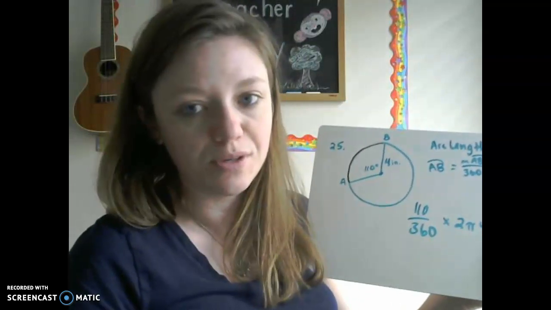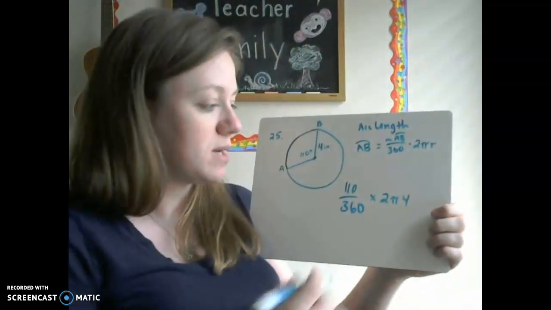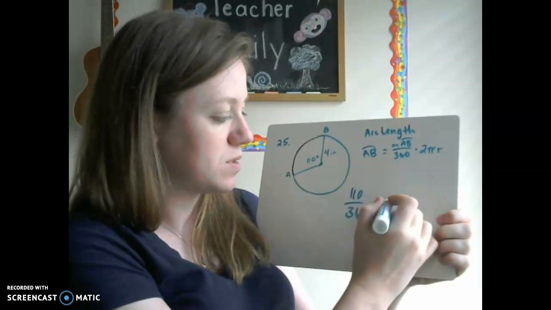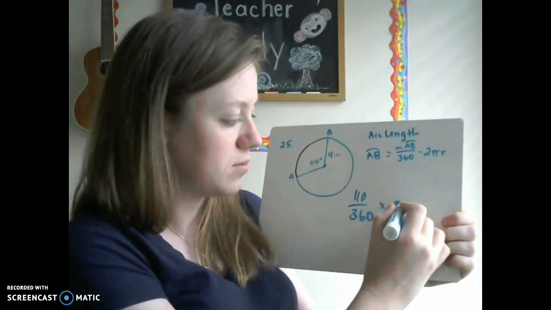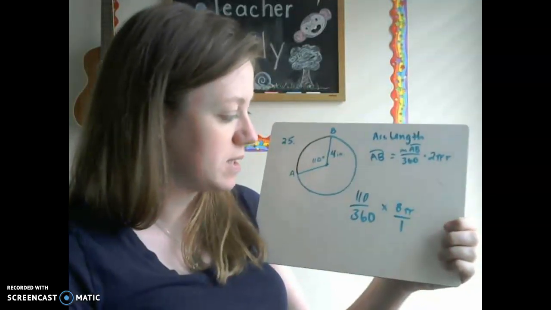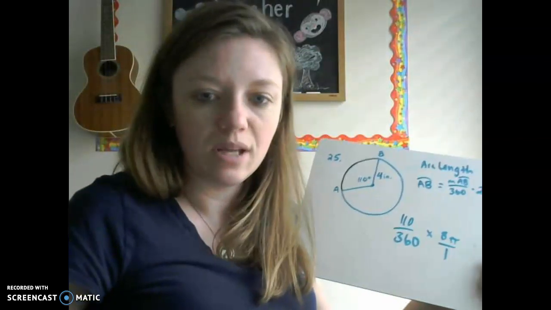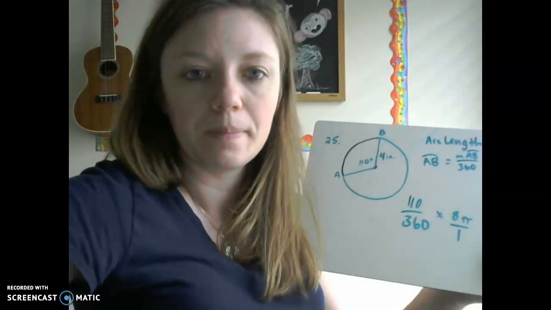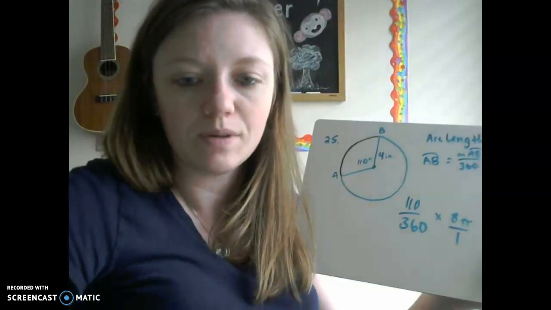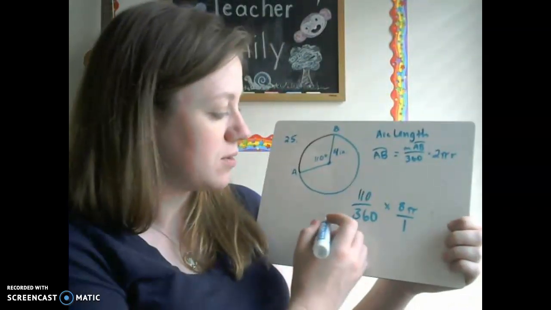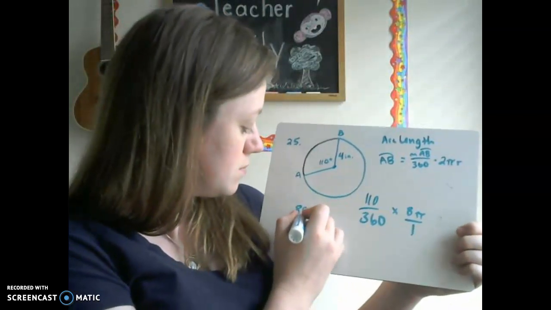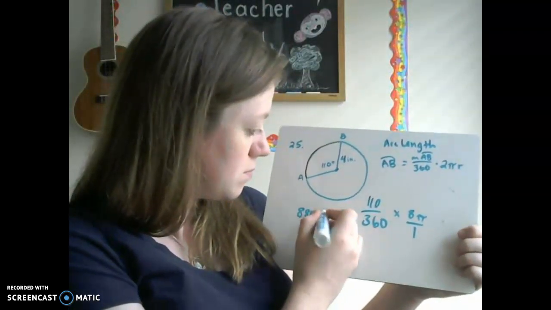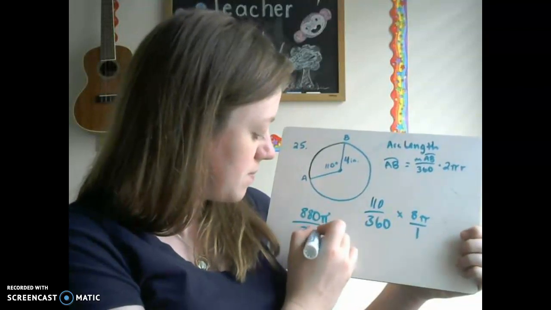Okay, so we can reduce that down. 2 pi times 4 is the same as 8 pi. So let's just do that. Make it over 1 to make it a little easier. So let's see, we need 110 times 8. 110 times 8 is 880 over 360.